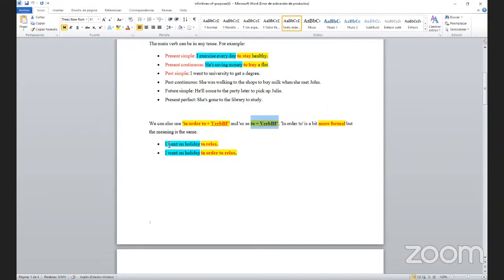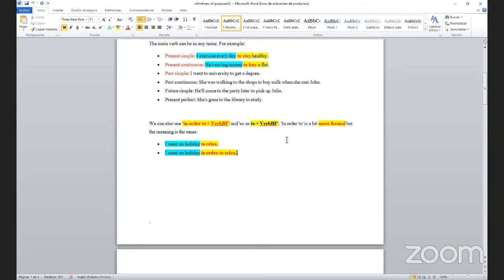Now, I went on holiday to relax. This is the same as if I say I went on holiday in order to relax. So both have the same meaning, but the first one is a little bit informal, and the second one is more formal, okay, in order to.